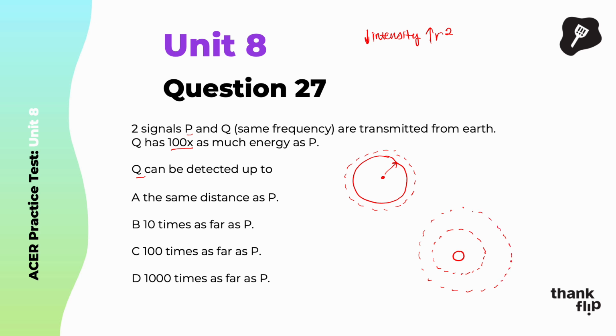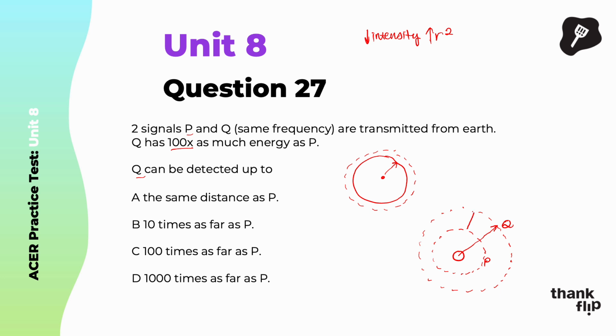So you have two borders where it's the minimum intensity of radiation. Because Q has 100 times as much energy as P, you would assume that Q goes further and it can be detected further away. P is less intense, so the intensity of P dissipates quite early.